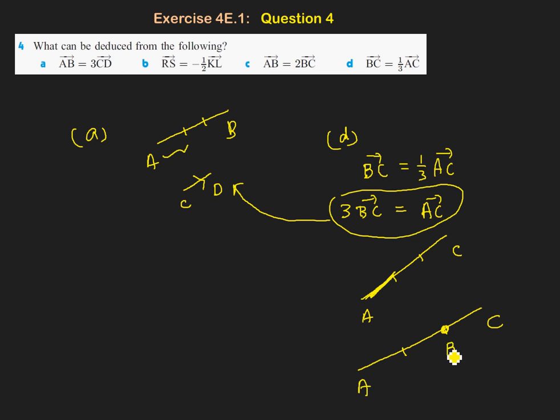And so that means not only are they parallel, in fact A, B, C are collinear. This is a situation we call collinear, meaning that A, B, C are on the same line. You can draw a line which passes through all 3 points.